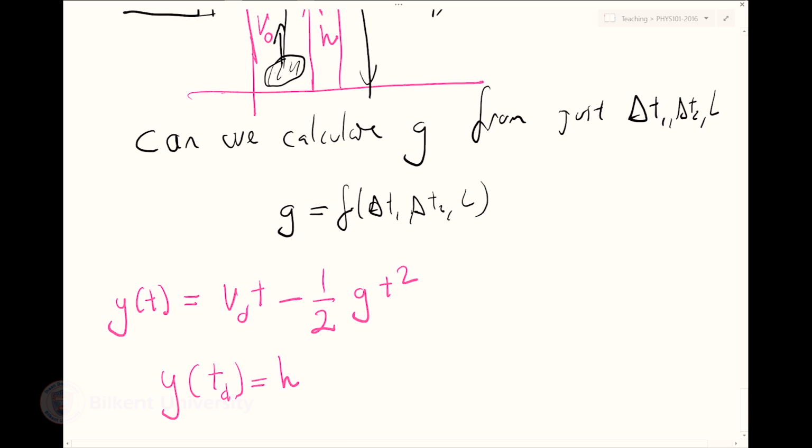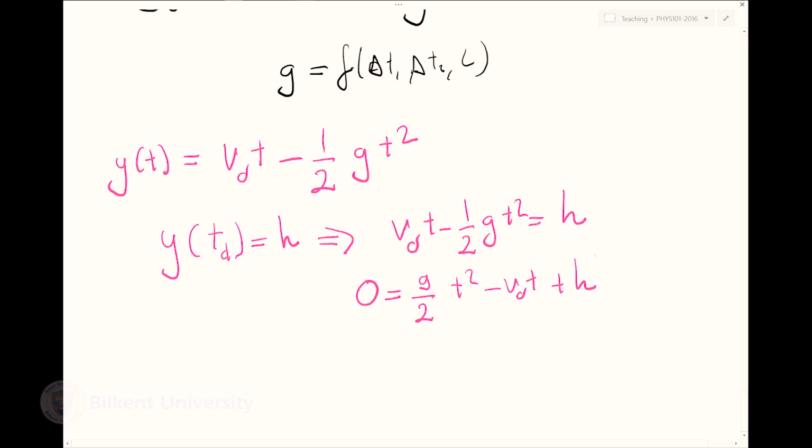v0t minus 1/2 g t squared is h. Let me write these down in a different way. I'll say g over 2 t squared minus v0t plus h is equal to 0. This is a quadratic equation. How do I solve quadratic equations?